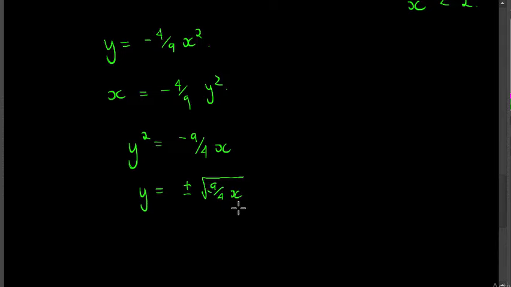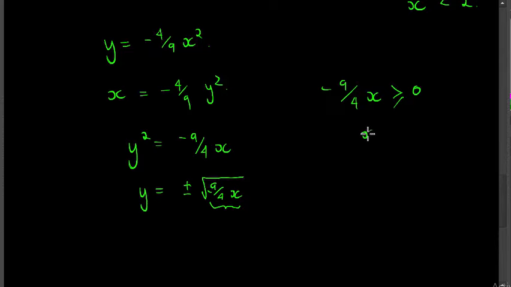Now everyone says, whoa, wait a minute, you're not allowed to do that, because you're not allowed to have a negative under a square root. Guys, no, it's not allowed to simplify to a negative under a square root. In other words, -9/4 x must be positive or 0.